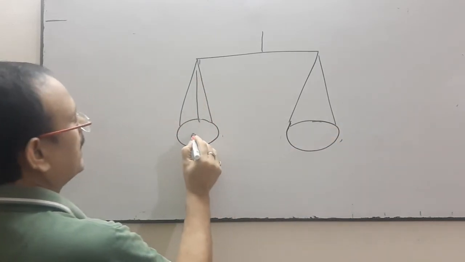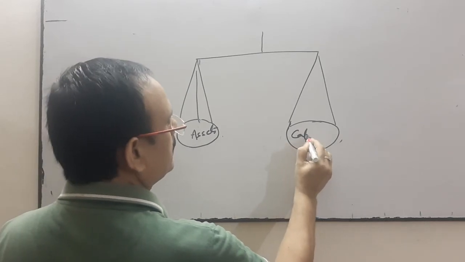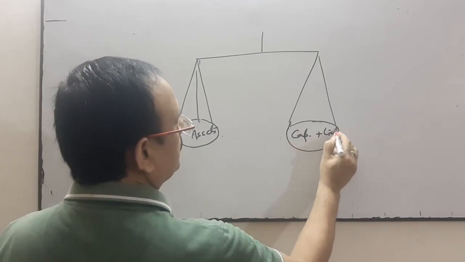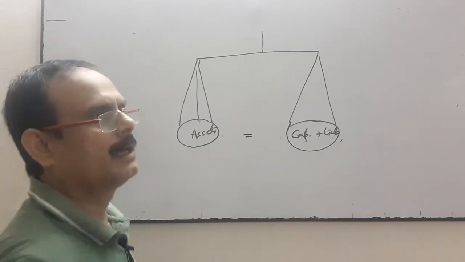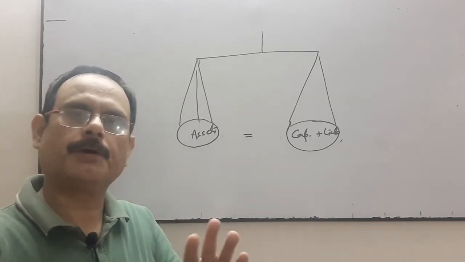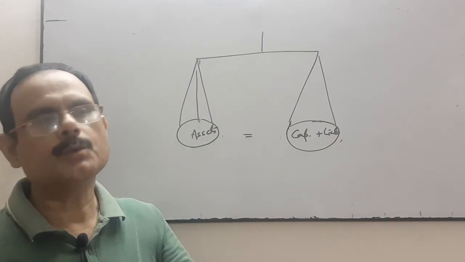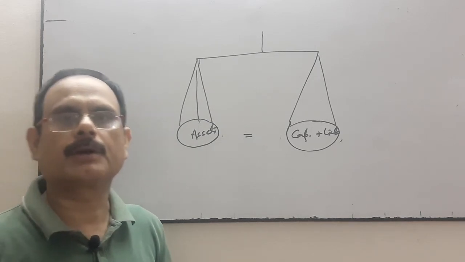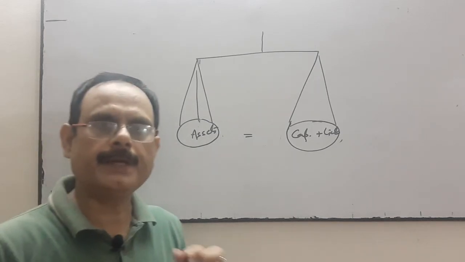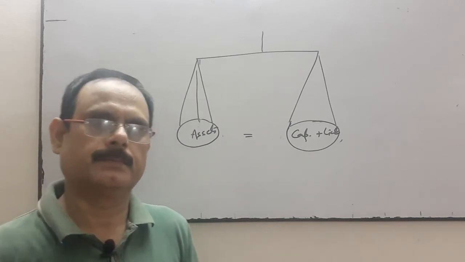So suppose this side is your asset, and this side is your capital plus liability. Both must be equal after the effect of every transaction. There is no transaction in the business where the equation is disbalanced or does not agree. Every time the equation will be equal, every time. Okay.